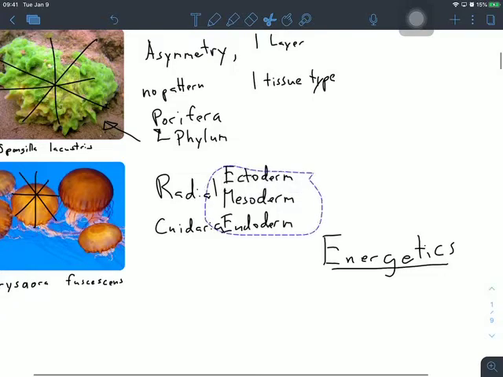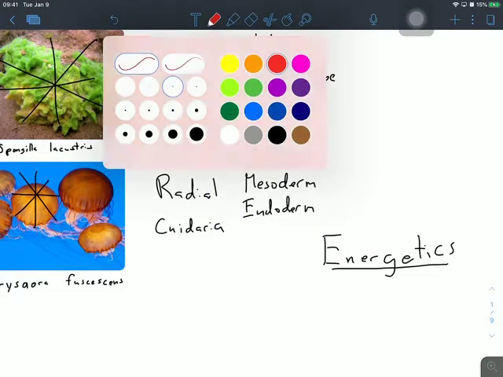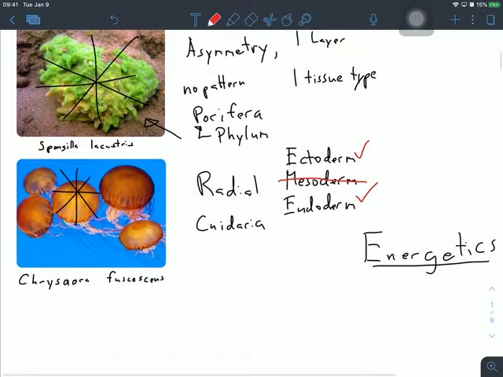So I'll copy this back down here. You do create the ectoderm and the endoderm, but the mesoderm, where organs would develop, does not exist. So radially symmetrical organisms, like jellyfish, only have the two layers of the ectoderm and the endoderm. No place for internal organs to develop.